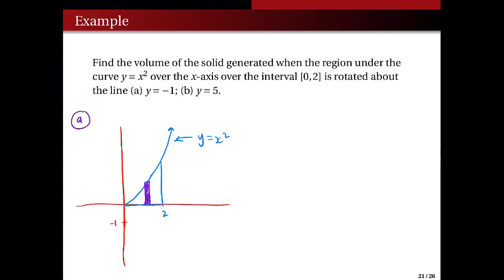This is your axis of revolution, and you will revolve the region about this line. So it means that this line here will give you the center of your discs or of your washers.